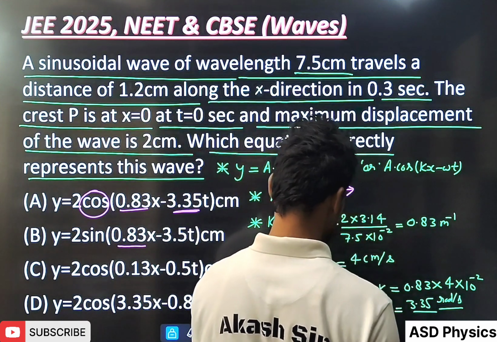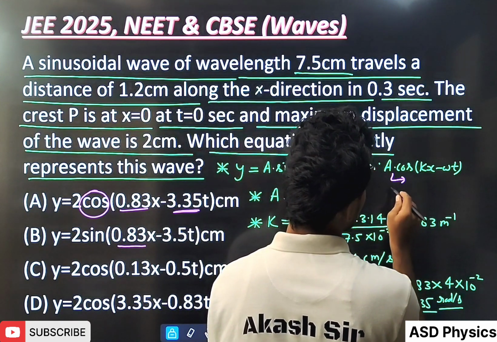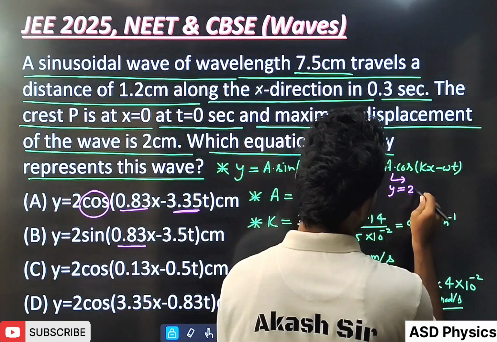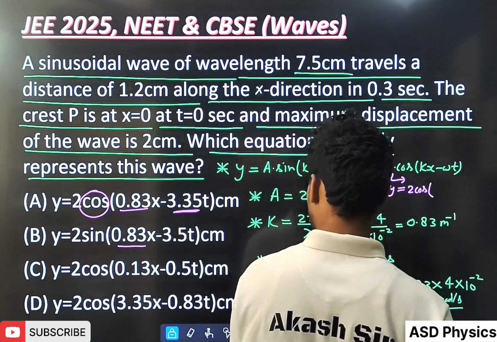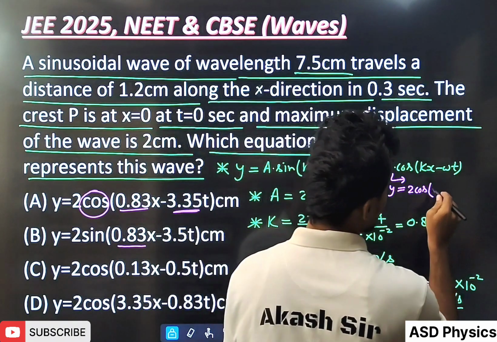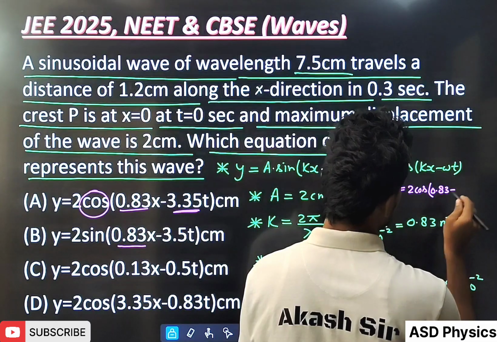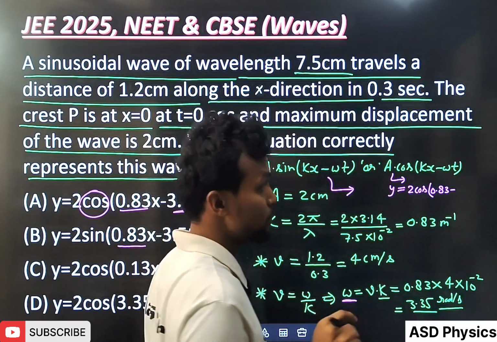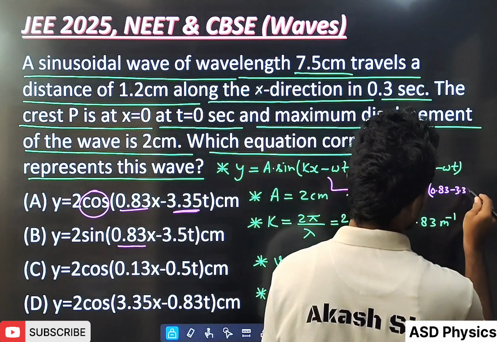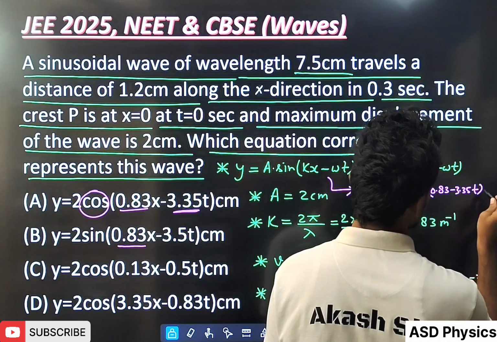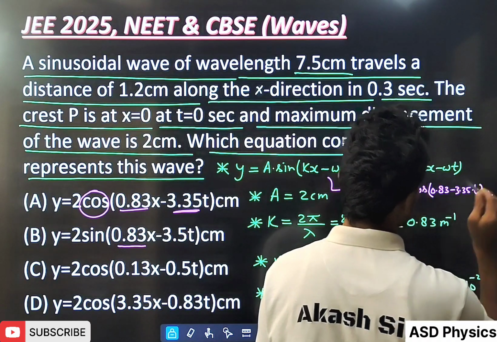From here, if I write, y will be 2 cos, and the k value given here is 0.83 x minus omega, which is 3.35, so we can write 3.35 into t, and the unit will be centimeter.